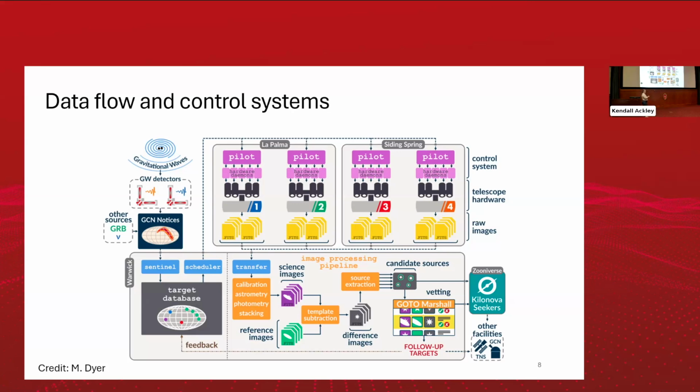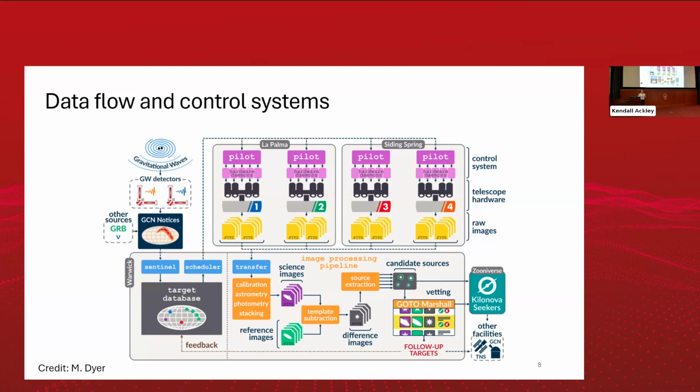You take an old template that is very well calibrated, almost noiseless as it can be. You take those 2 images, you subtract them, and out comes your transient. Once that transient pops out, we send it into what we call our GOTO Marshal, and we look for candidates in that way. A lot of this has been fully automated to this point, but I'll go through the hidden latencies.